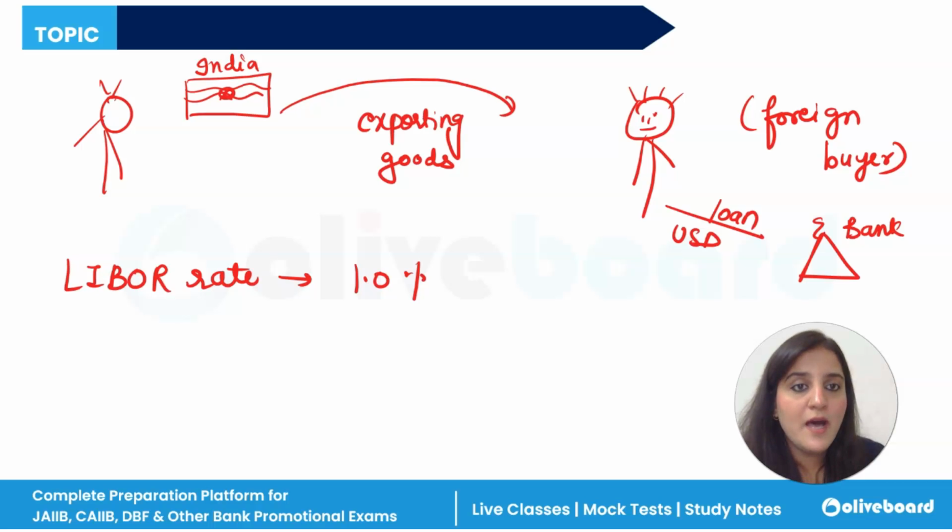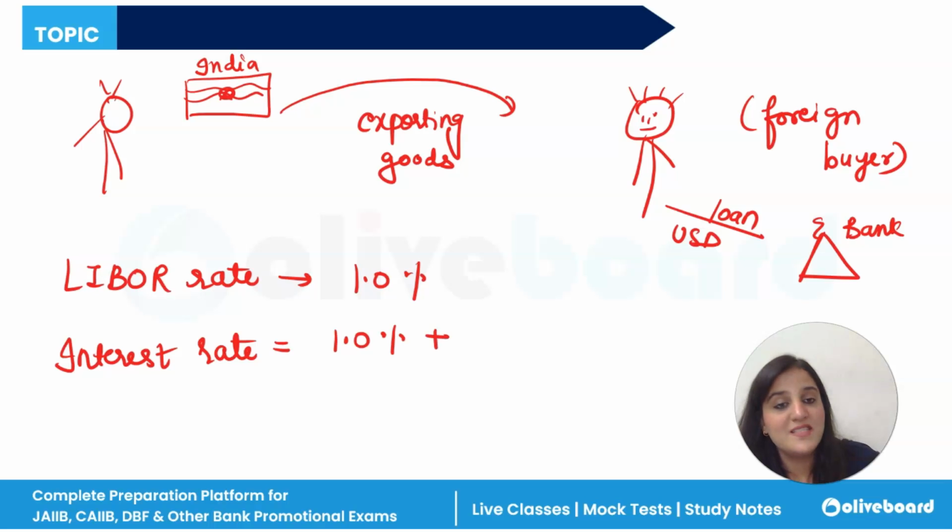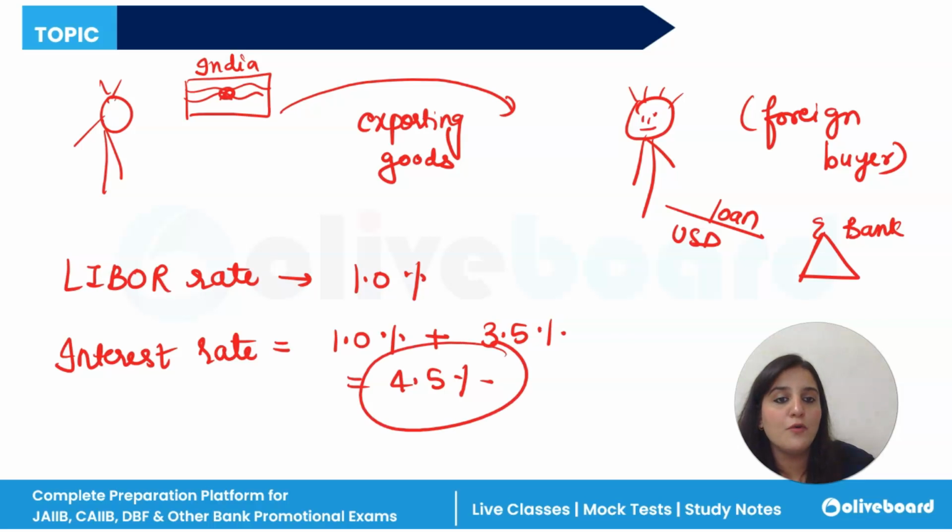So here the maximum interest rate that the bank can charge is equal to LIBOR plus spread, that is equal to 4.5%. So the export credit loan in foreign currency is provided to the exporter at an interest rate of 4.5%.